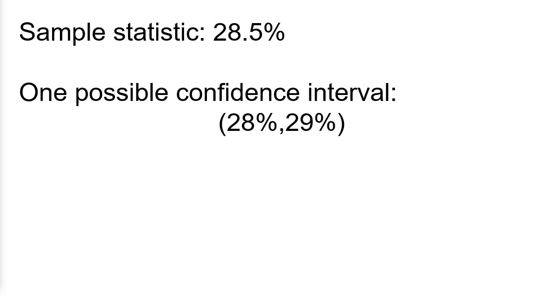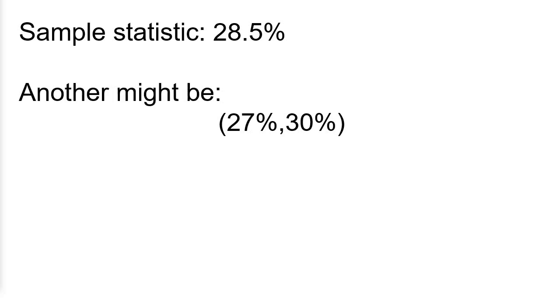For example, I made up this confidence interval, right? 28% to 29%. Another confidence interval might be starting with my sample statistic of 28.5%. I could have gone up 1.5% to 30% and down the exact same amount, 1.5%, to get to 27%.